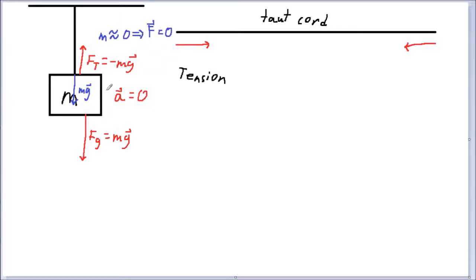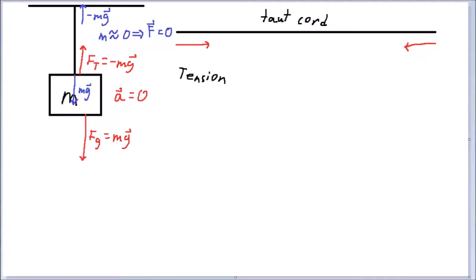And if this net force is 0, then there must also be some other force acting upward on this cord, as there's already some force acting downward. This is caused by the interaction between the ceiling and the cord, and it acts upward on this cord with some negative mg.